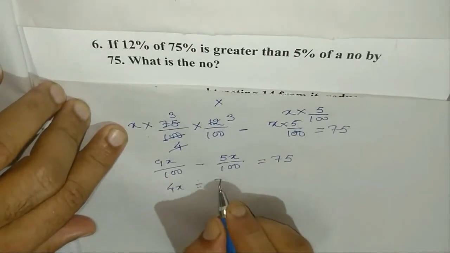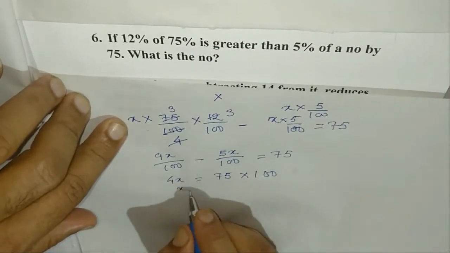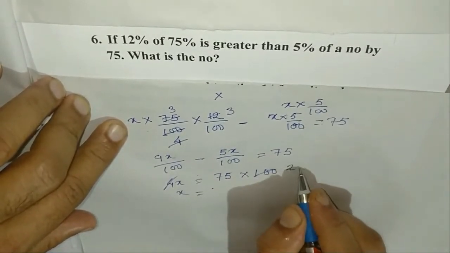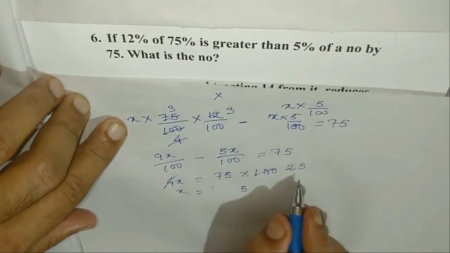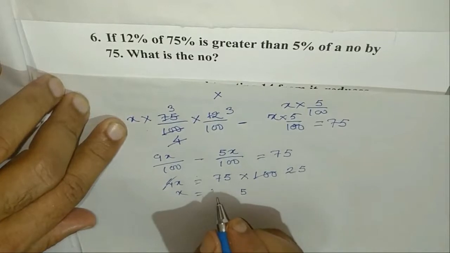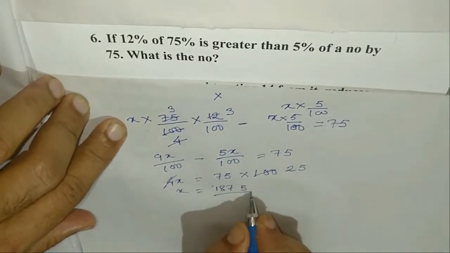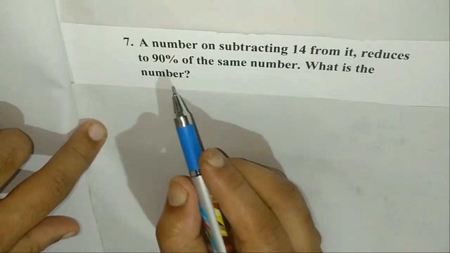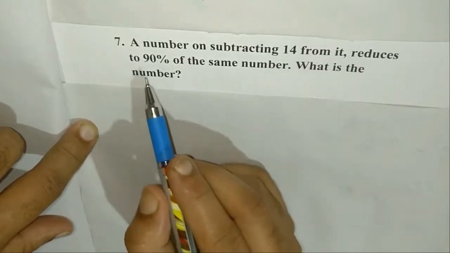So what will we get here? 4x is equal to 75 into 100. Now what's x? We'll divide 100 by 4, which is 25. Now 75 into 25: 5 into 25 is 125, 7 into 25 is equal to 175, plus 12, it will come as 187. So 1875, this is the number x. That is our answer.